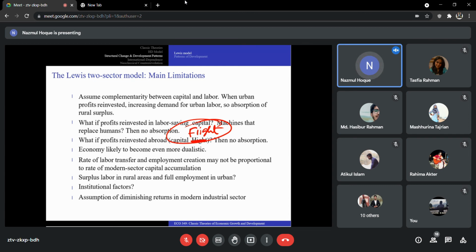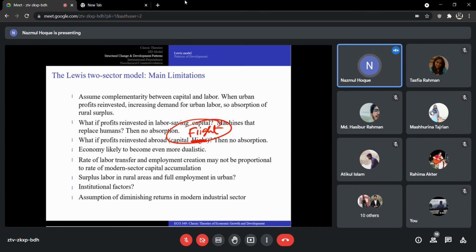So under this capital flight situation, you would not really see expansion of the modern sector absorbing the surplus labor from the rural sector. We are talking about surplus labor in the traditional sector.